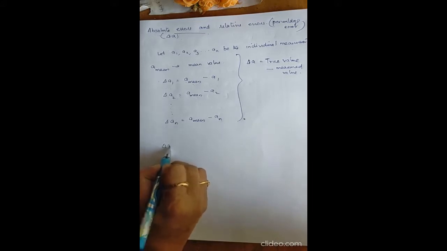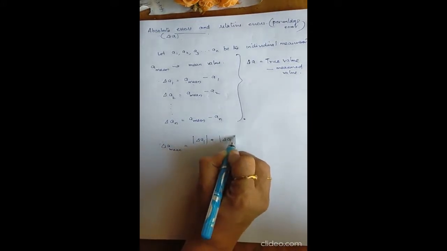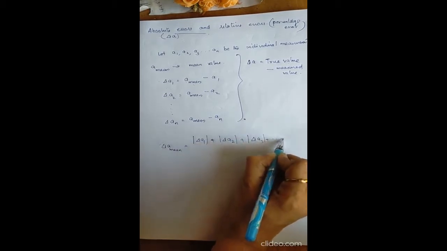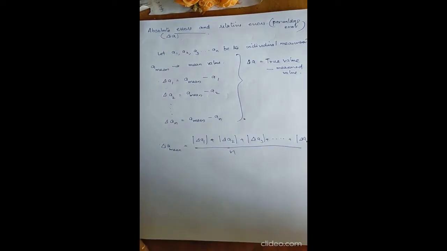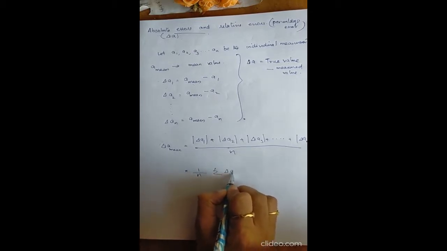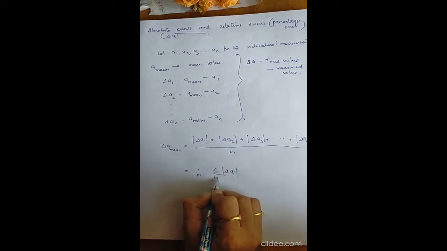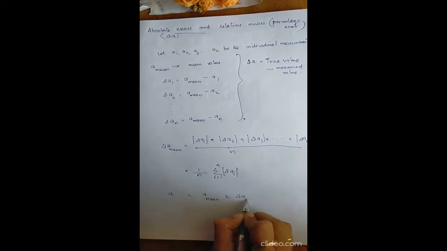So delta A mean equal to modulus of delta A1 plus modulus of delta A2 plus modulus of delta A3 plus up to modulus of delta AN divided by N. Okay, or we can use the summation of modulus delta Ai, i equal to 1 to N. Thus the final result of measuring the physical quantity A can be written as A equal to A mean plus or minus delta A mean.